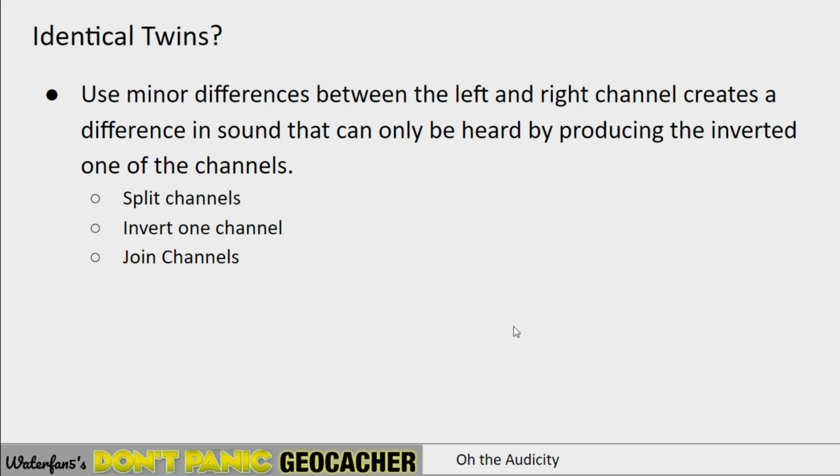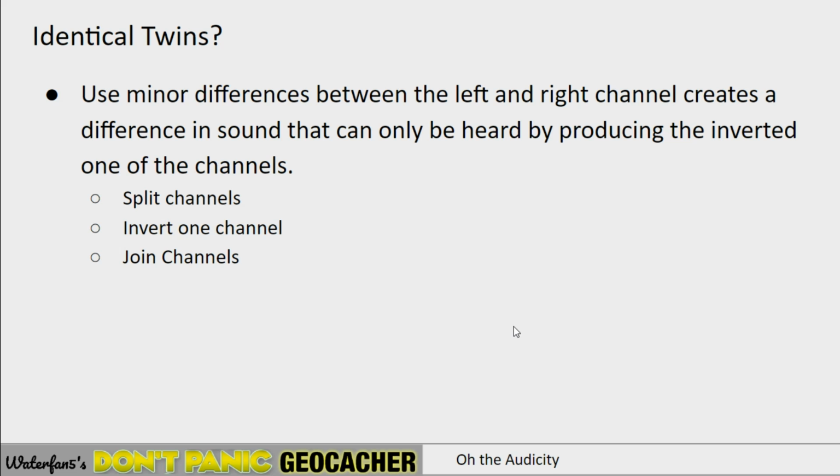With tools like Audacity, we can easily simulate that by having two identical channels in a stereo file that look identical but actually have a very minor difference. If you listen to it, you can't hear it. If you individually listen to each of the left and the right, you still can't hear it. It's truly hidden in the differences between the channels.